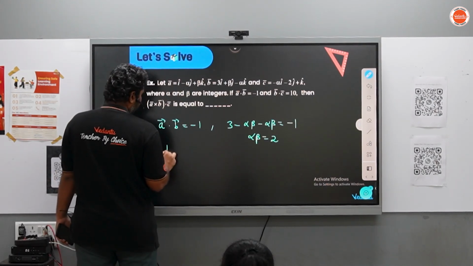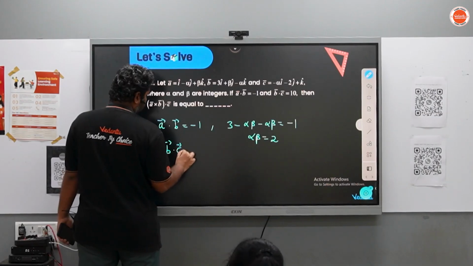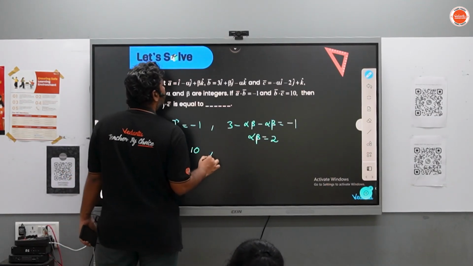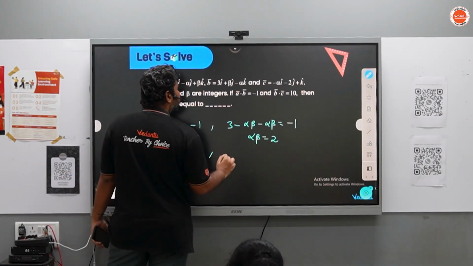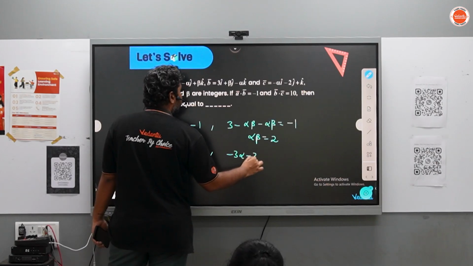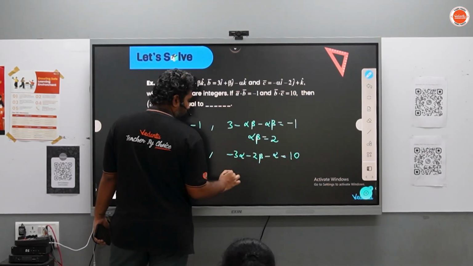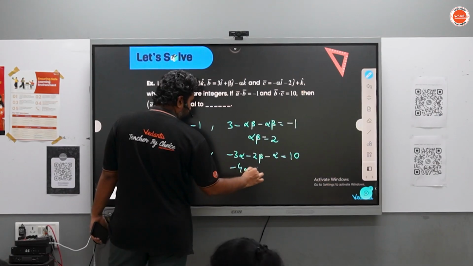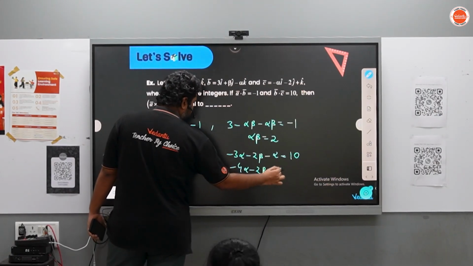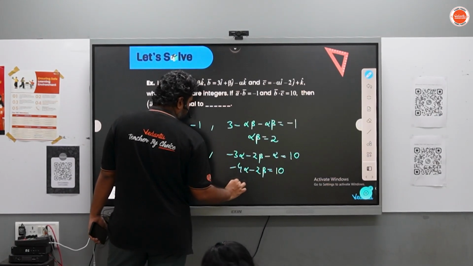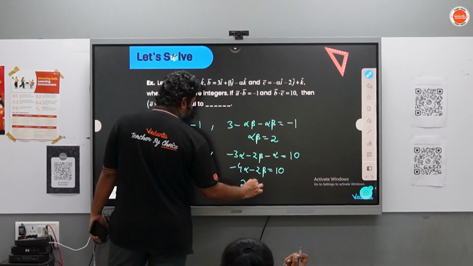B dot C is 10, so minus 3 alpha minus 2 beta minus alpha equal to 10. Minus 4 alpha minus 2 beta equal to 10. 2 alpha plus beta is equal to -5.